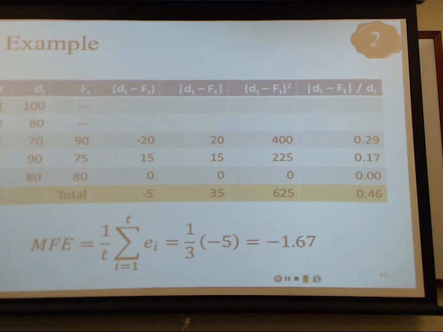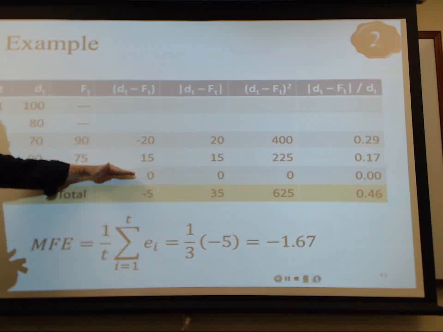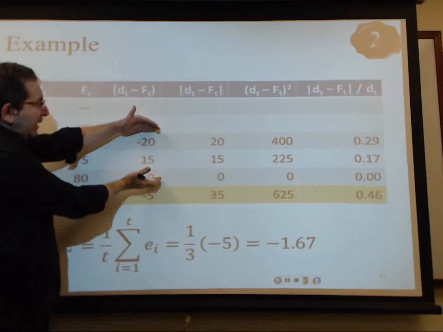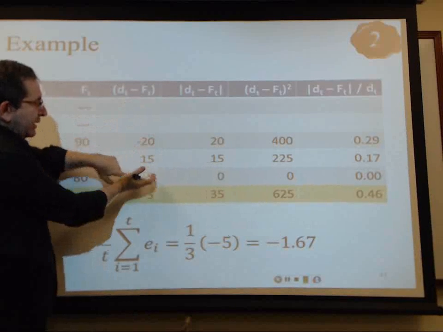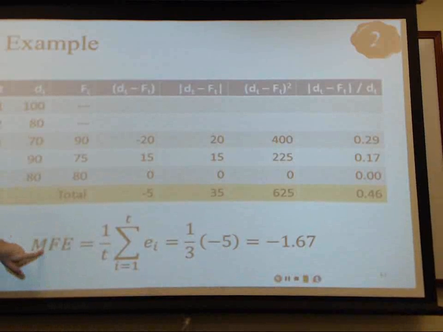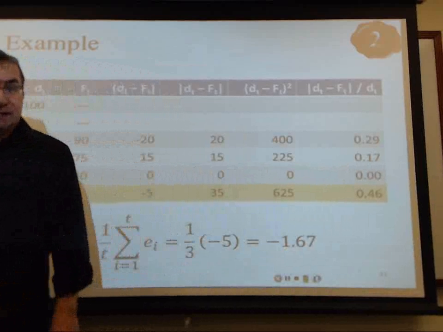The first forecast quality measure I want to talk about is mean forecast error. Basically, I calculate the forecast error for each period, and then I average them. Okay, I take the average of minus 20, 15, and 0. Okay, so basically the average is minus 1.67.